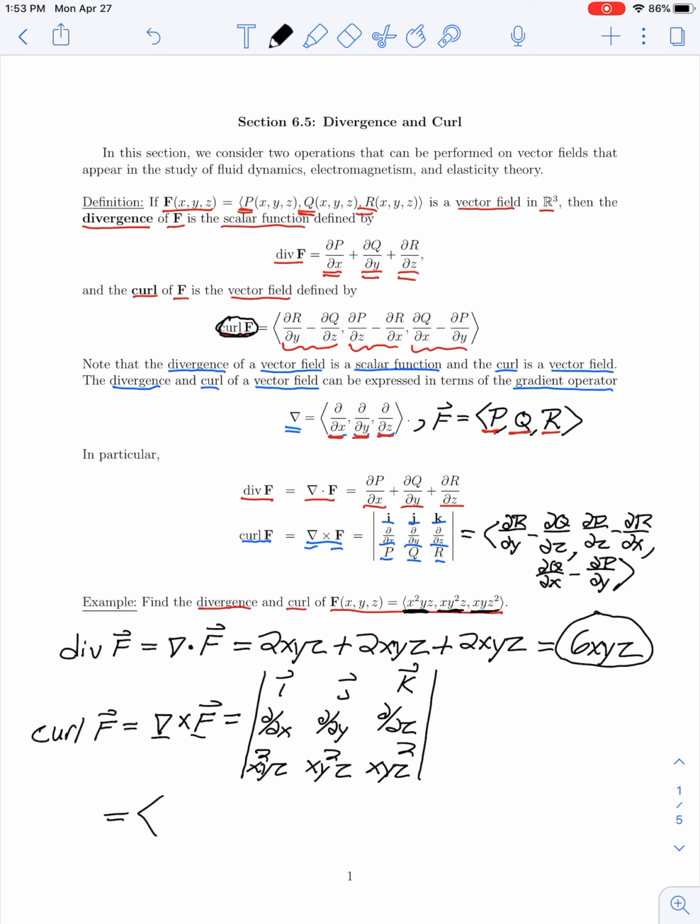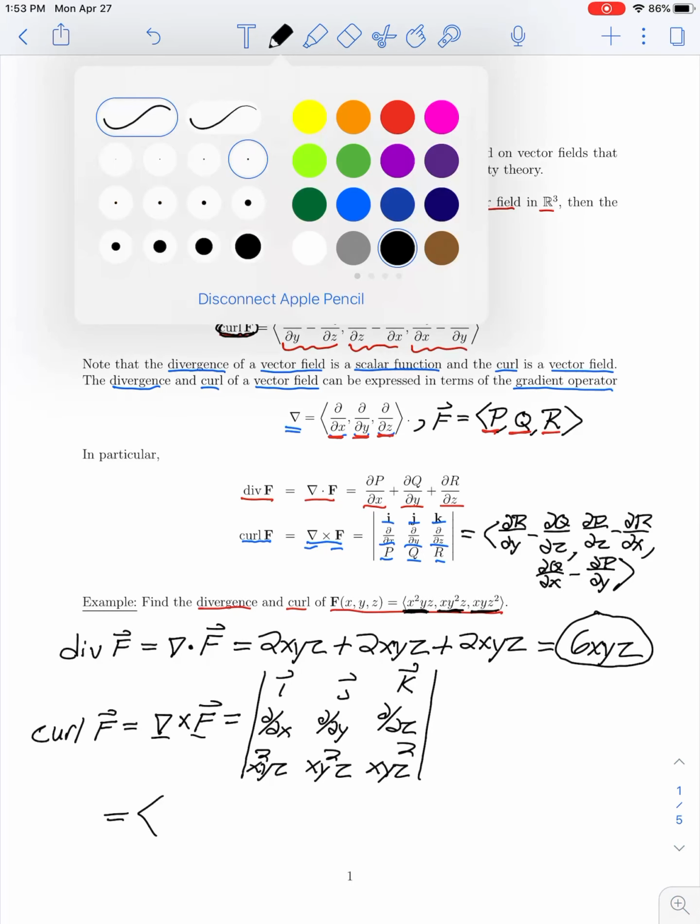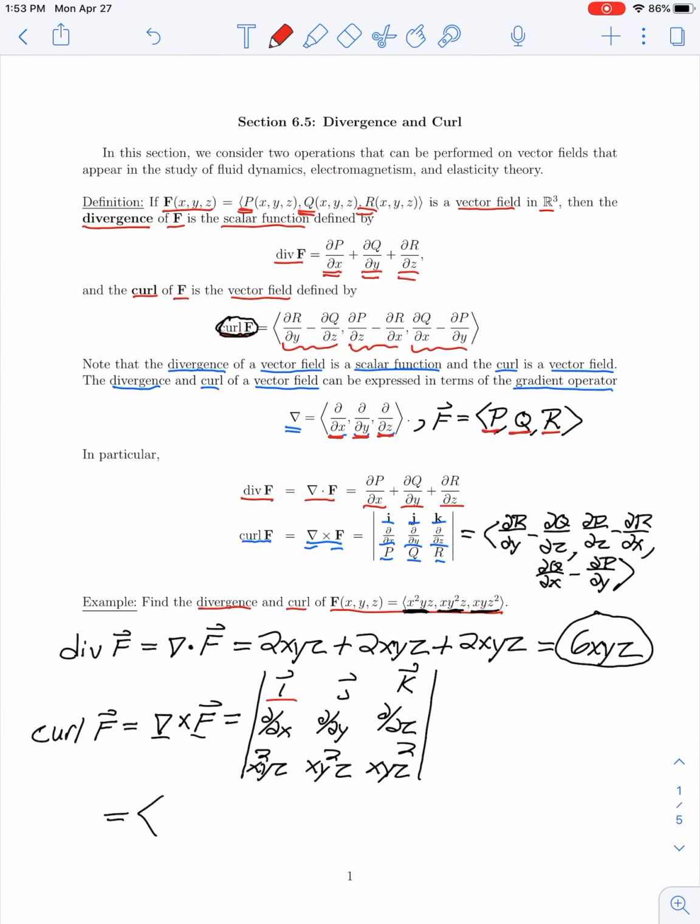To find our i component, we take the determinant of the 2x2 submatrix we get by deleting that ith row and column. So that is the partial derivative with respect to y of xyz squared, which gives us xz squared. And then we subtract the partial derivative with respect to z of xy squared z, which gives us xy squared.